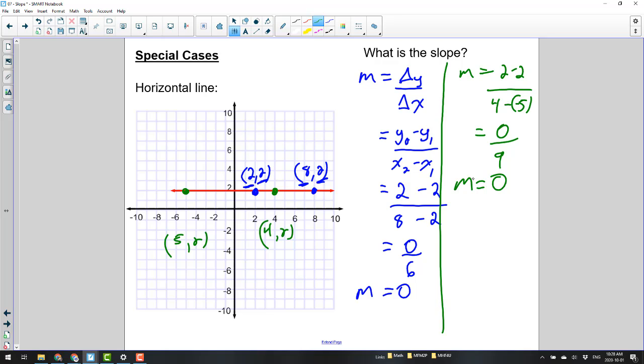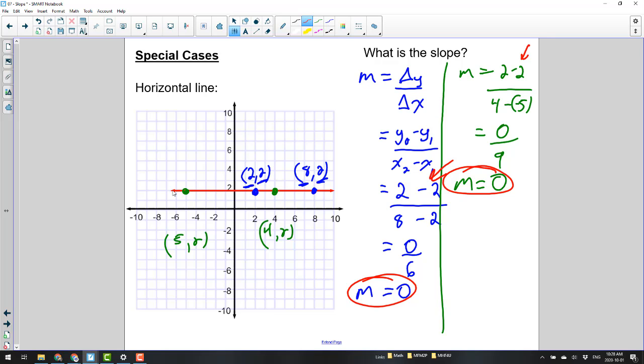It doesn't matter which points I choose, I'm always going to end up with a slope of 0. And the reason is my numerator is always going to be 2 minus 2, because every y-coordinate on that line is 2.